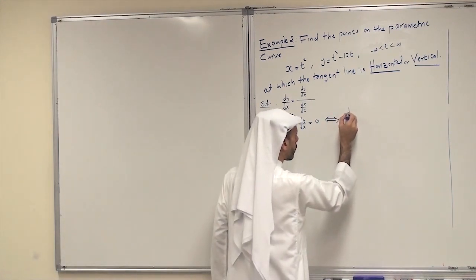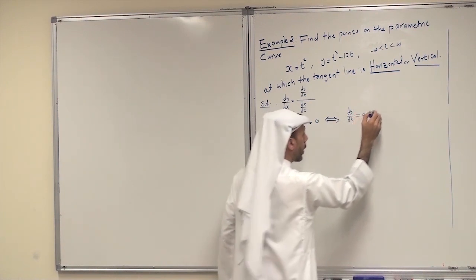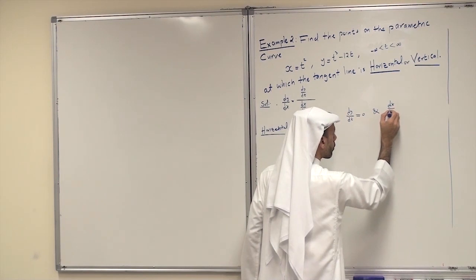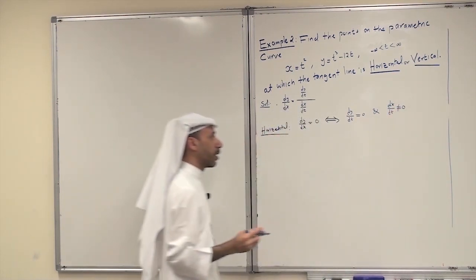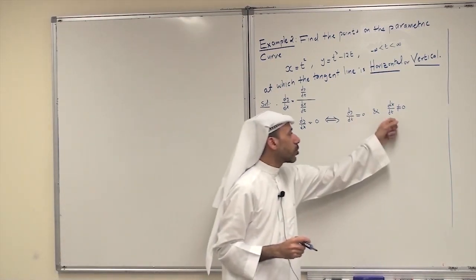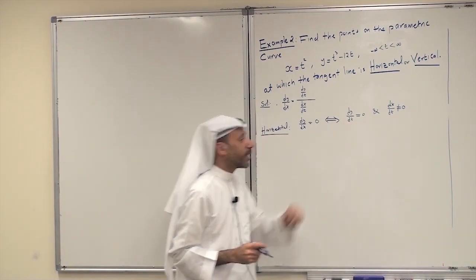So dy/dt has to be equal to 0 and the denominator dx/dt not equal to 0. We have to find the values of t that satisfy these two conditions. For that, we have to compute dy/dt and dx/dt.